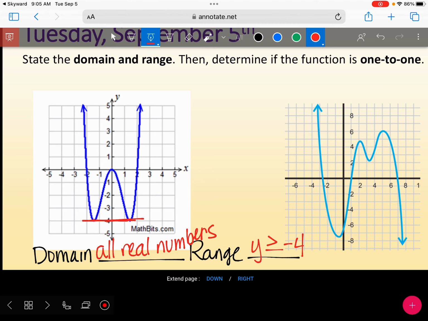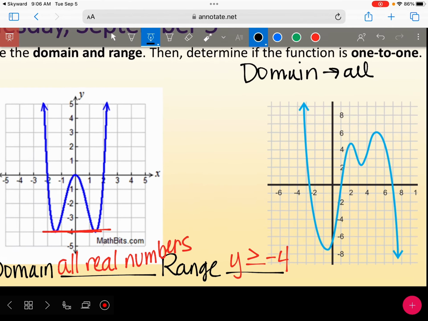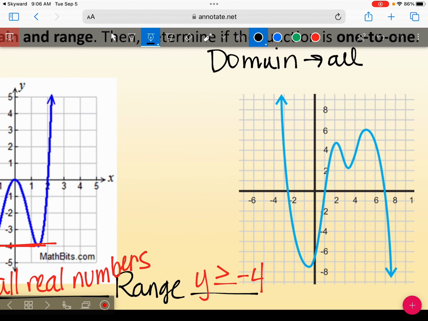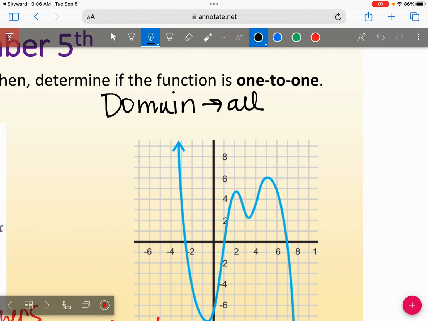The second graph has a domain of all real numbers and a range of all real numbers. Your domain is all real numbers. And your range is also all real numbers.